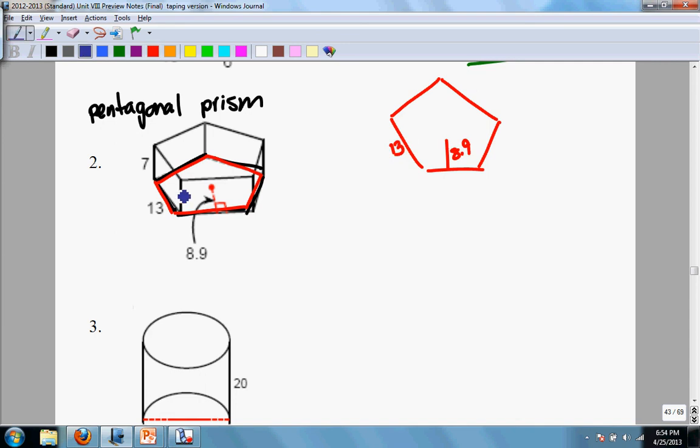Now I'm going to use this front piece as my hinge, my unfolding part right here. I'm going to use this hinge to connect to my top pentagon. We're going to unfold that this way.